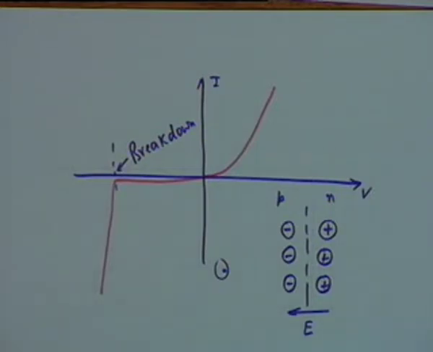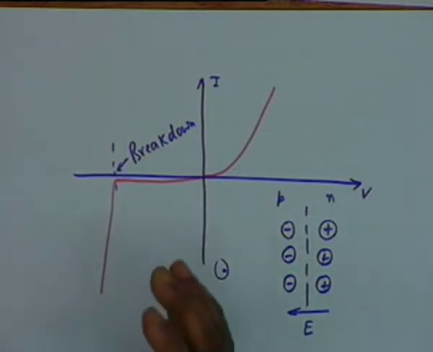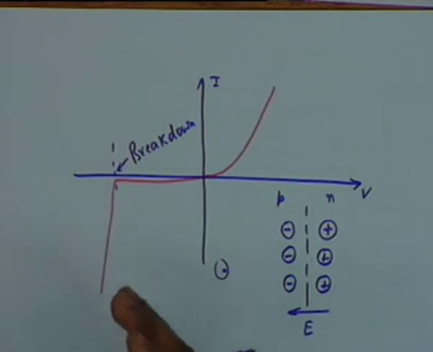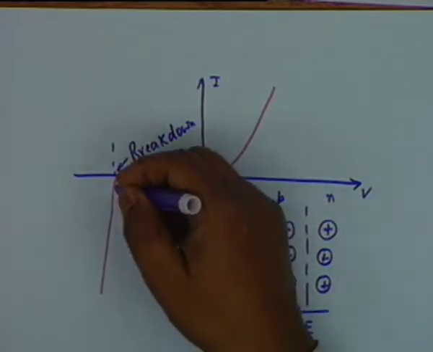Therefore, what it causes is an electron hole pair generation. And therefore the number of carriers available increases, and this onset is distinct. It's marked by a certain voltage.